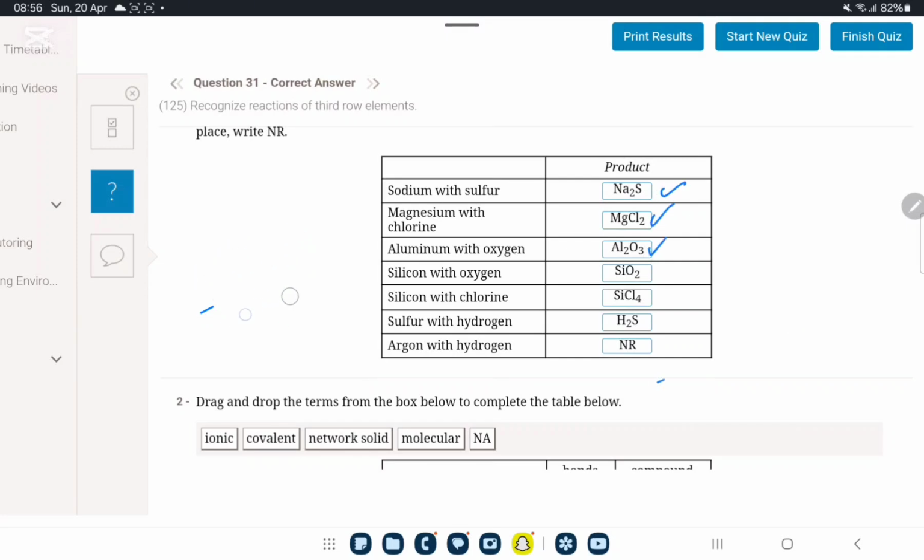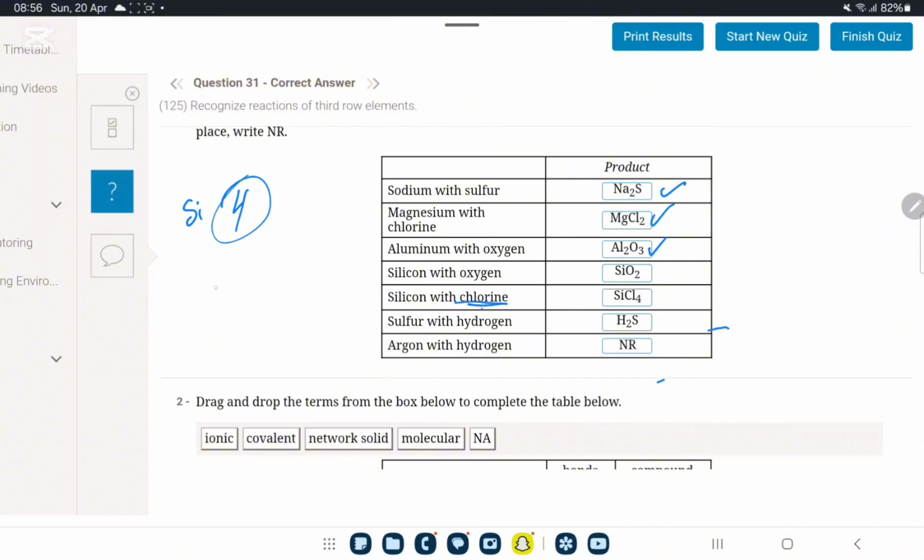Then now silicon with oxygen, they're both non-metals, but when silicon reacts with oxygen you have to memorize it. It's SiO2. It's a network solid, so you have to memorize it, SiO2. And then silicon with chlorine. Silicon needs 4 electrons, and it can share 4.